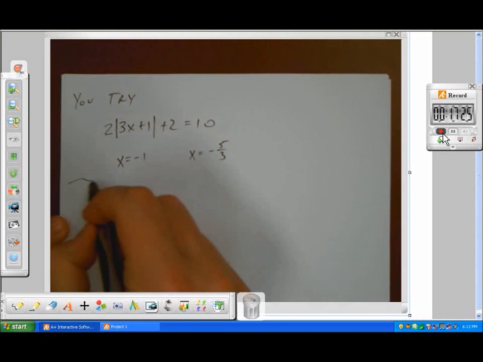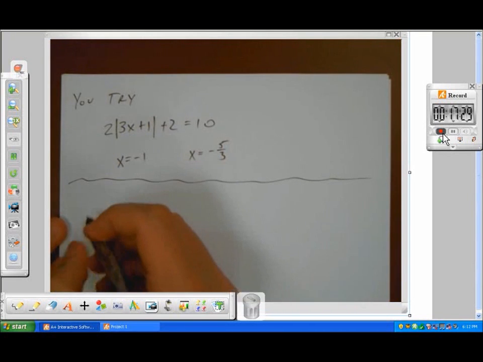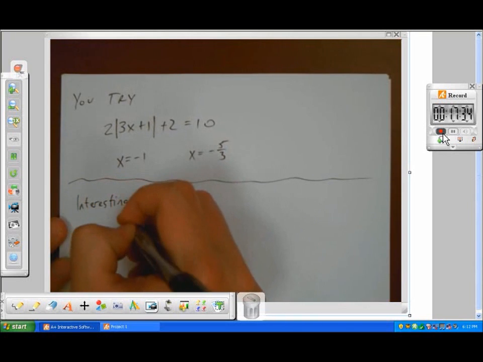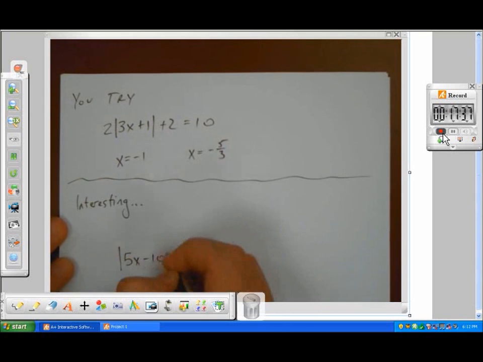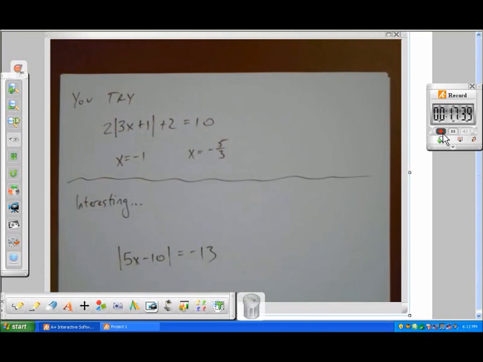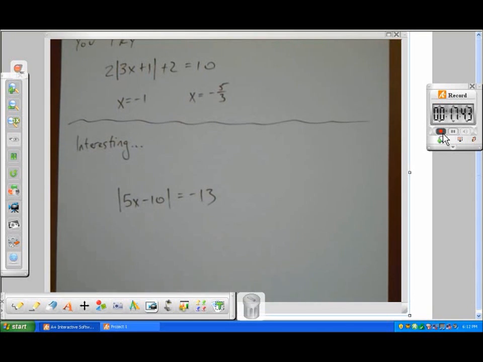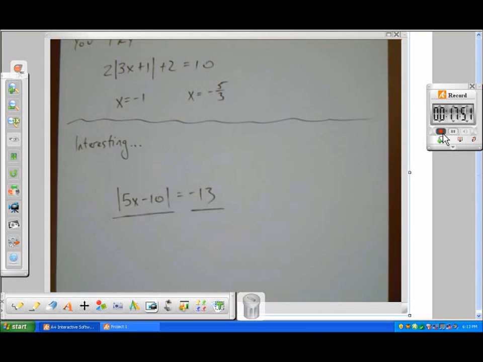We just have one more thing I want to look at. Take a look at this equation. I'm going to call this interesting. Before I do any work with this equation, this is very interesting because I'm saying that an absolute value is equal to something negative.